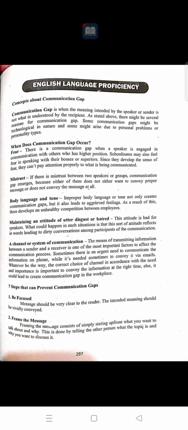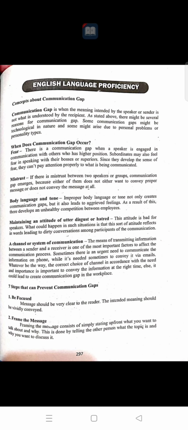As stated above, there might be several reasons for communication gaps. Some might be technological in nature and some might arise due to personal problems or personality. So, hindi natin natatanggap or nare-receive yung actual na message ng speaker.